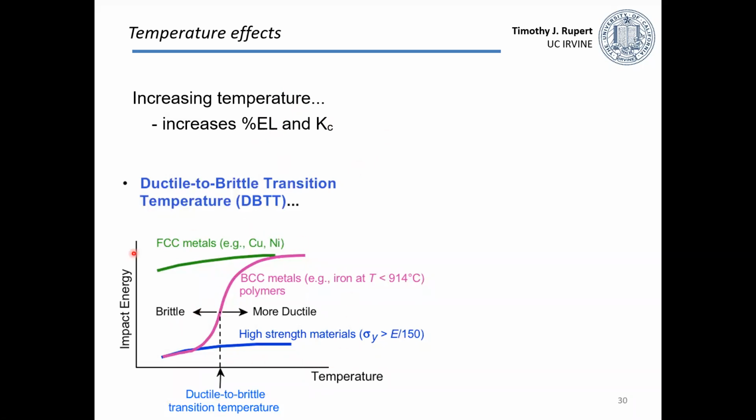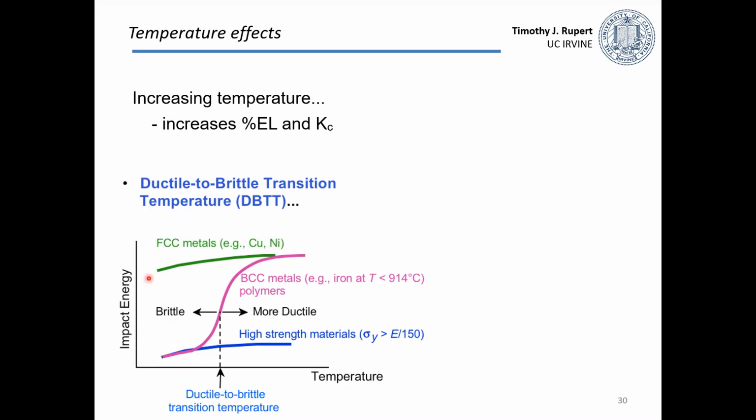On the bottom here is showing you some examples of how that impact energy can change with temperature. These are all for metal samples. On the top, the green curve is showing face-centered cubic metals. There are lots of possible slip systems. It's easy for dislocations to move around.